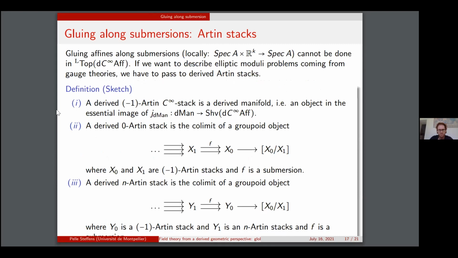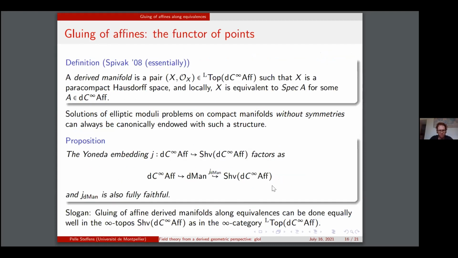So if we'd like to glue along more general things than equivalences, say we want to do local equivalences, that is possible. Then you have to work with this more general notion of locally ringed spaces, where you replace your space by a topos. And this proposition still holds.